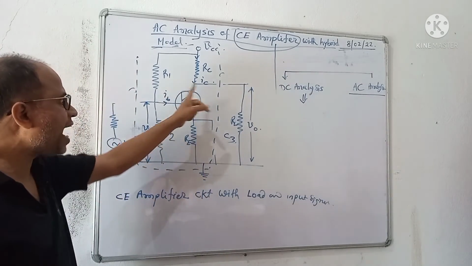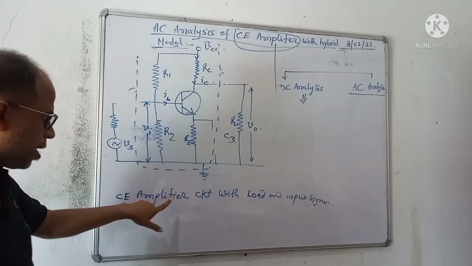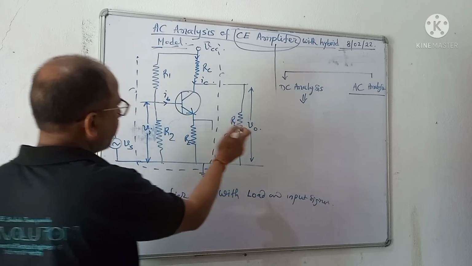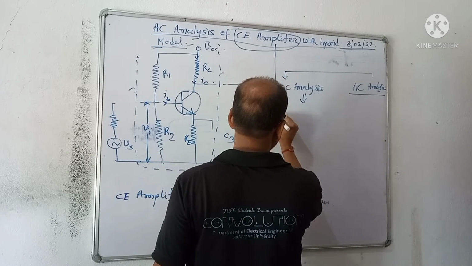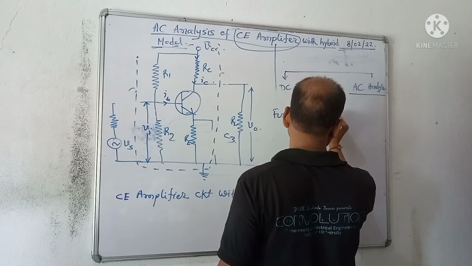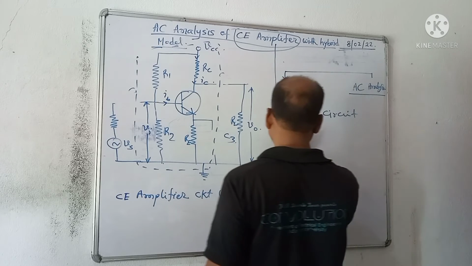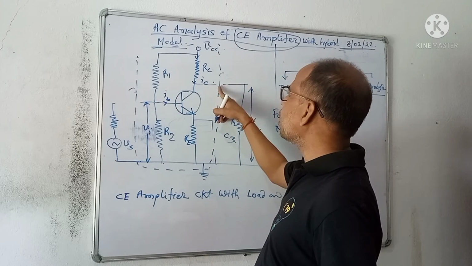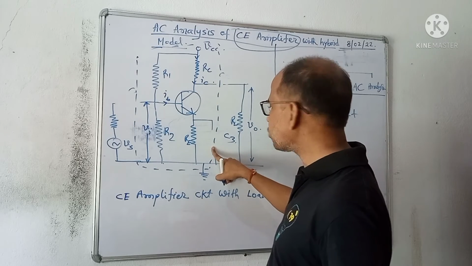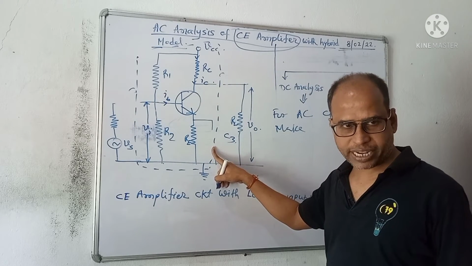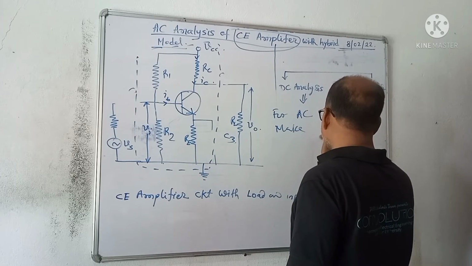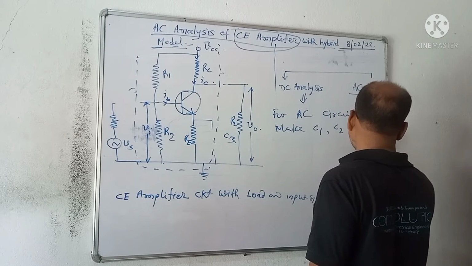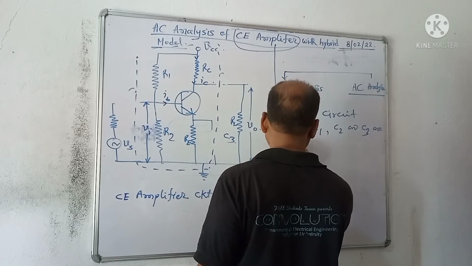Therefore, if you want to draw the hybrid model of the given amplifier circuit, how can we do it? For the AC circuit, C1, C2, C3 are short circuited.